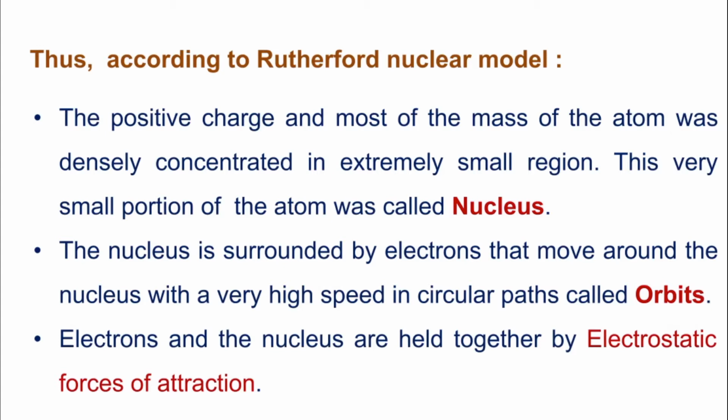And last, electrons and nucleus are held together by electrostatic forces of attraction. Electrostatic forces of attraction means the attraction between positive and negatively charged particles. That is how they are held together, because otherwise electrons may run away and go somewhere, isn't it? So this electrostatic force of attraction makes the electrons stay around the nucleus.